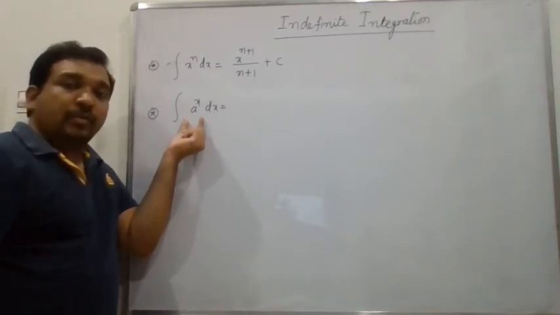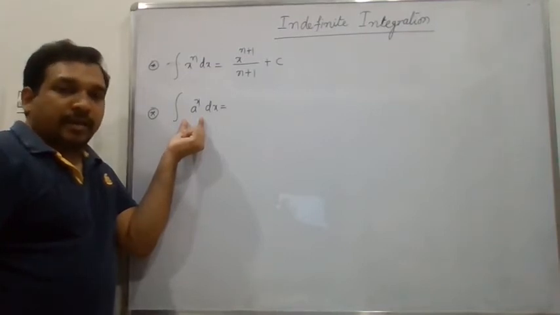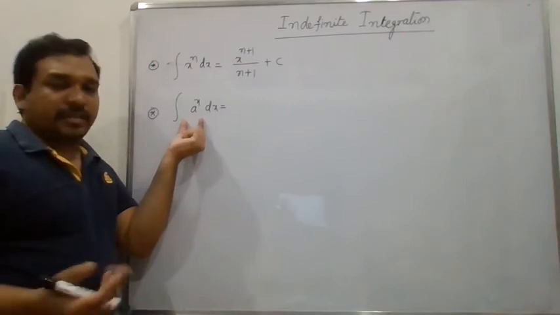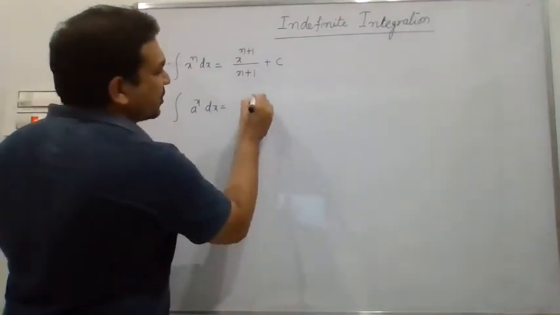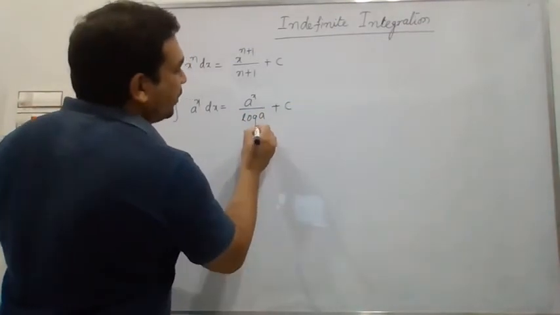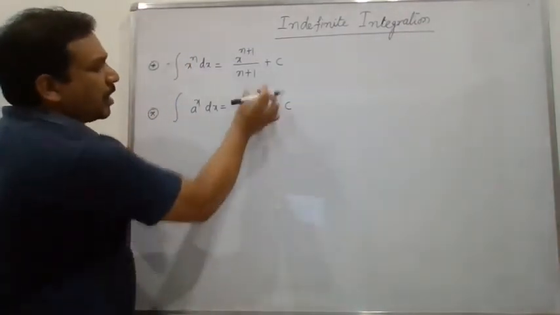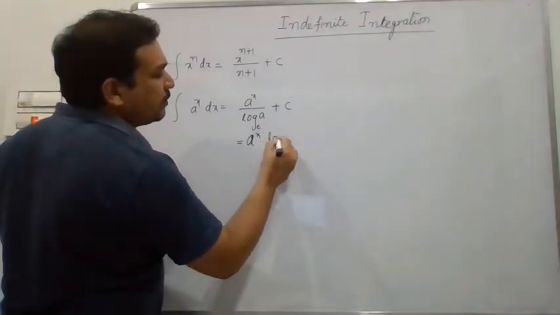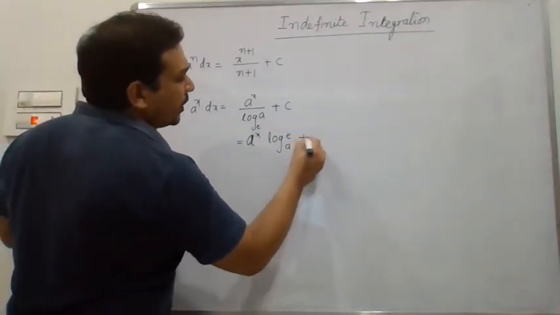A power x into log e base a, so I can write it as a power x by log a plus c. Here the base is e, or you can bring this log to the numerator and rewrite it as a power x into log e base e, plus constant.